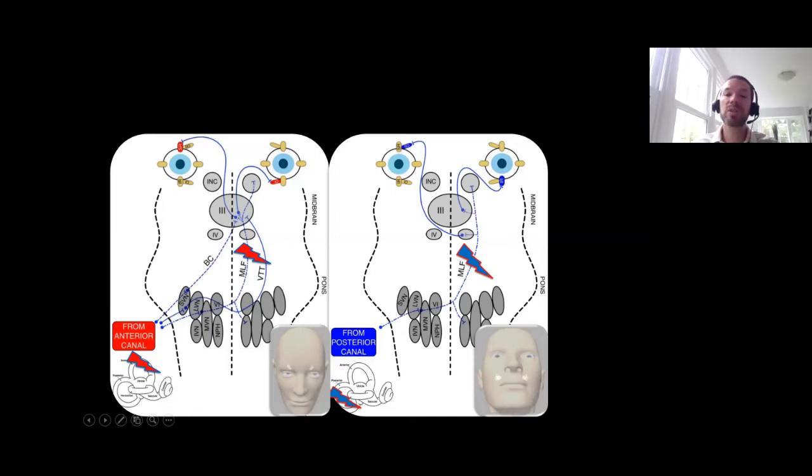If you did vertical semicircular canal testing, head impulse or video head impulse, in the planes of right anterior canal and right posterior canal, you could actually see hypofunction of the vestibulo-ocular reflex of the right posterior canal pathway, of the right anterior canal pathway on the basis of a left medial longitudinal fasciculus lesion. Did that make a little bit more sense?